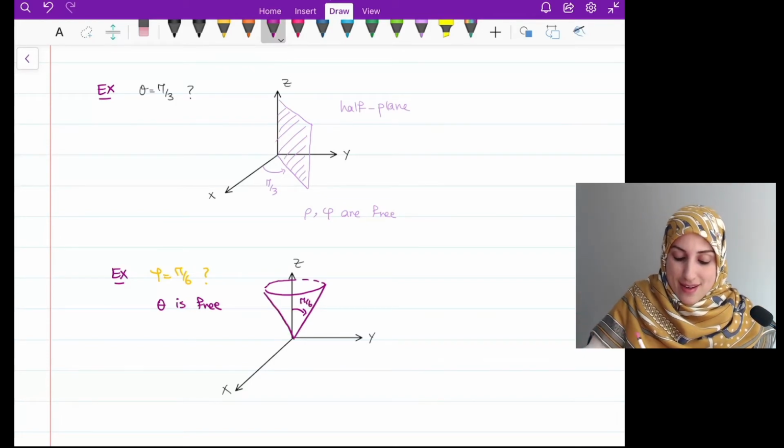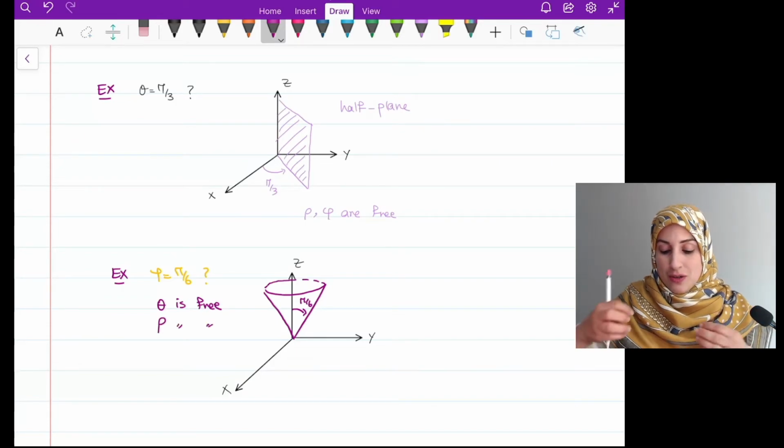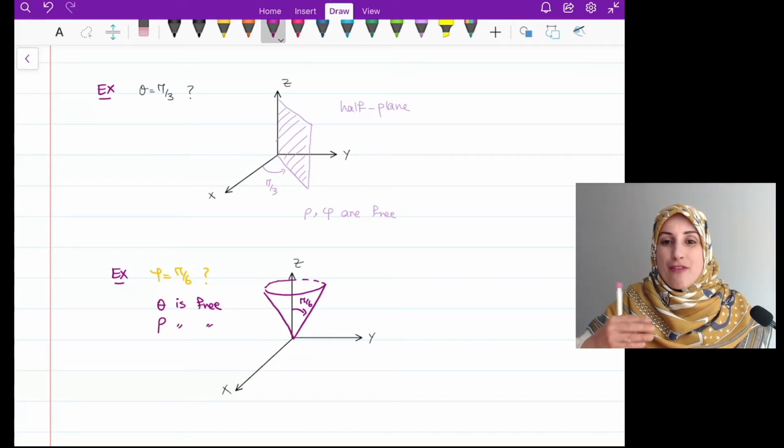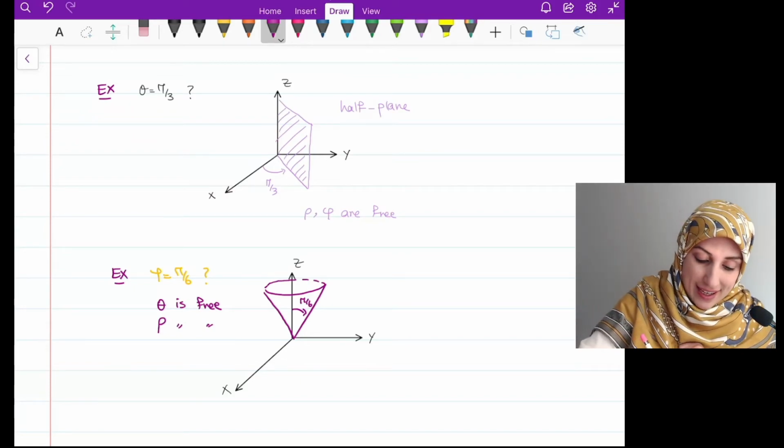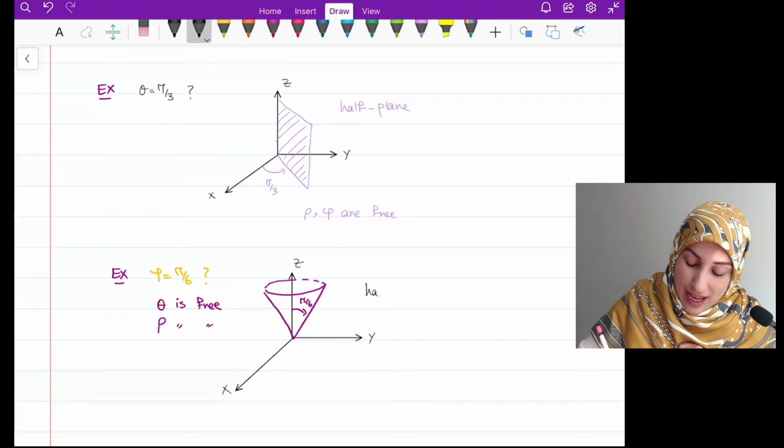Rho is also free, so it's a cone, but it's a half cone. It's just because phi is equal to pi over 6, so it's on the positive z-axis, so it's a half cone actually.